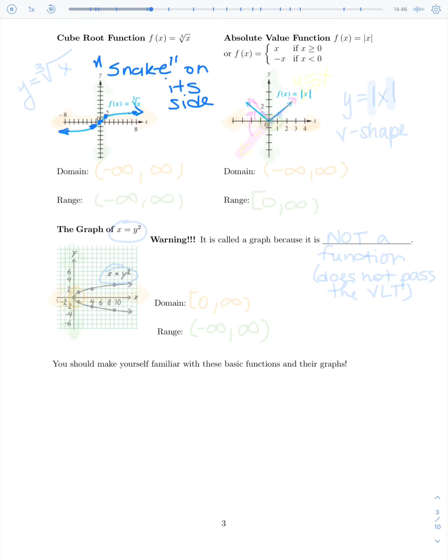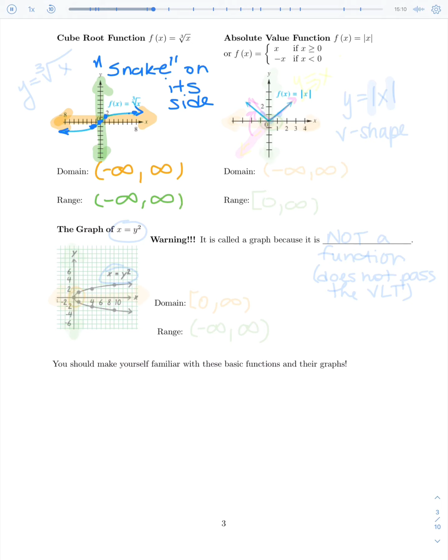But it does continue on forever. Its domain, just to look at that first, left to right, does go on forever in both directions, so its domain is negative infinity to positive infinity. And its range, starting from down up, does continue in both directions forever, so its range would be negative infinity to positive infinity.